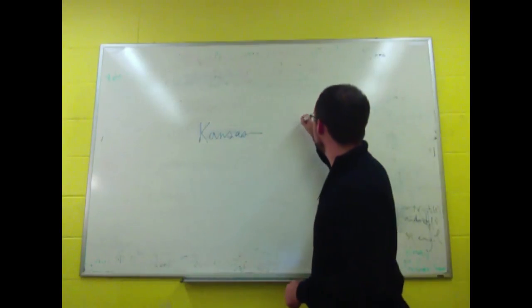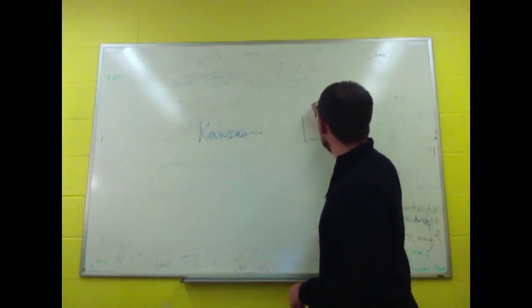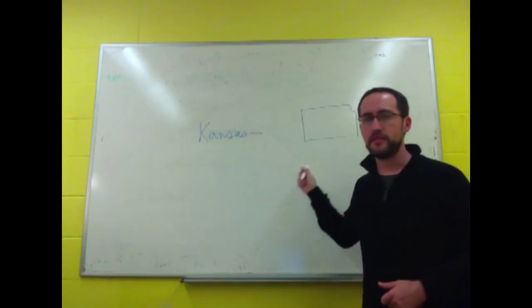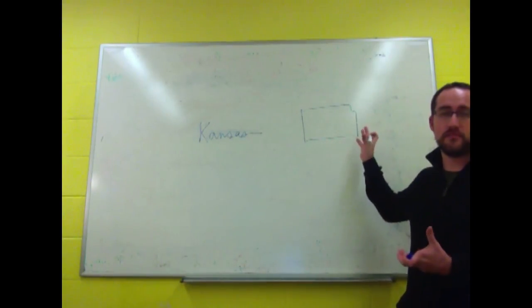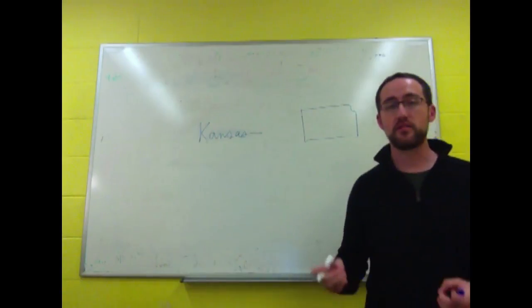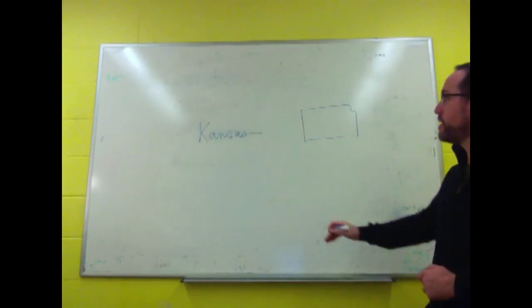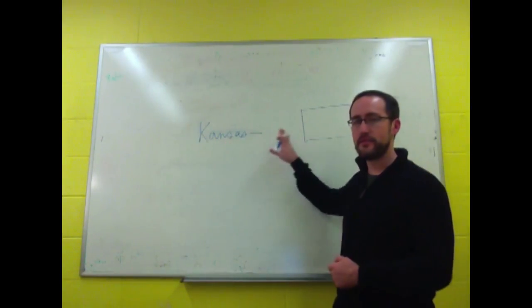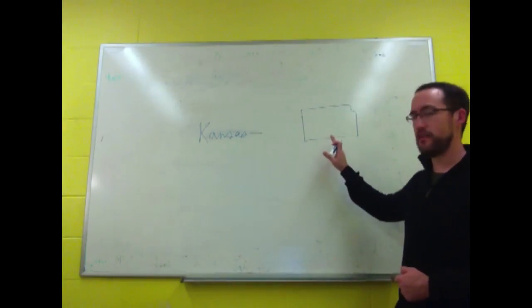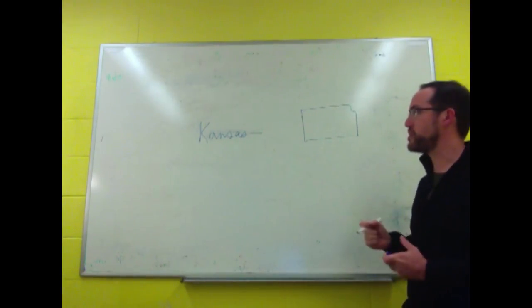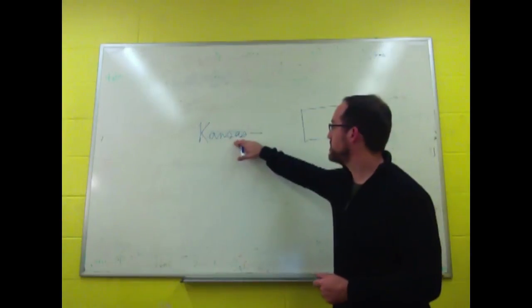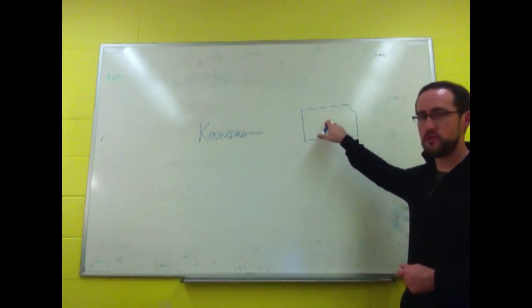And let's say that this is Kansas. I'll draw a picture of it. This is Kansas, and it'll stand in for the actual physical location. This is not this. These are not the same thing. And this is an important point when we're talking about denotation. This is the word that refers to this.